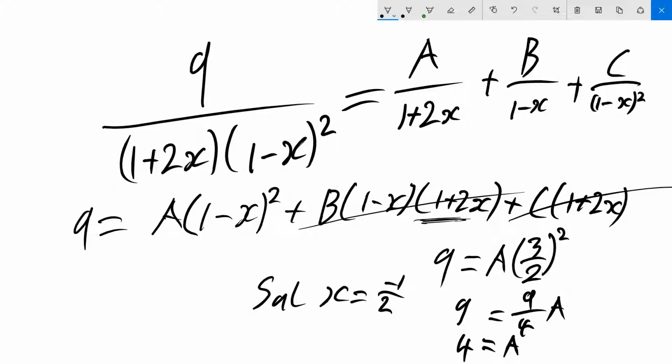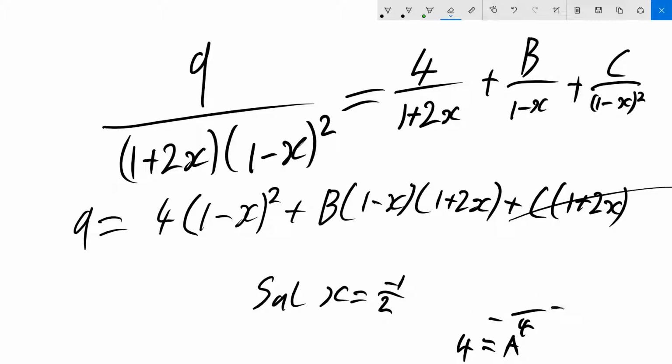So now we put that in. a is equal to 4. Put that into our little equation here. 4. And we'll continue subbing in different numbers.